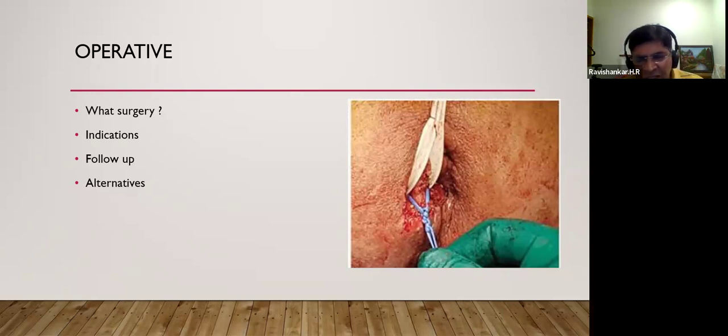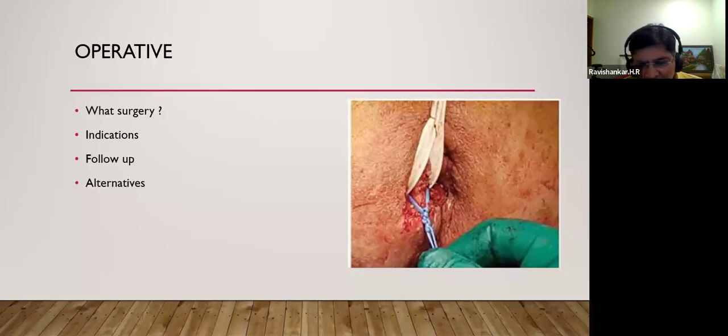Make sure that the sepsis is healed before you start, because otherwise, with the biologicals, the sepsis will aggravate, and the patient can actually even die. So you have to be very careful. Treat the sepsis. Make sure that the drainage is minimal before you start biologicals, and within 4 to 6 weeks, I think it's usually 6 months of treatment, you will have complete resolution of sepsis and this fistula.